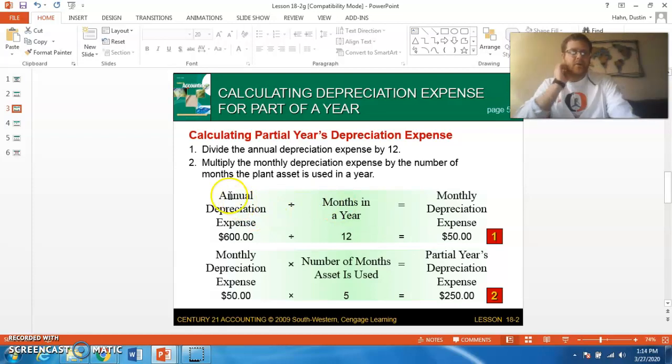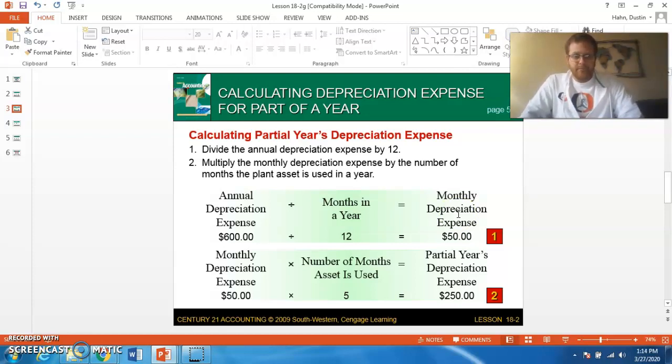This is our annual figure, so we pay $600 per year in depreciation. How much do we pay per month? All I have to do is take that $600 divided by 12, since there are 12 months in a year. So now we are estimating that we pay $50 a month for this car.